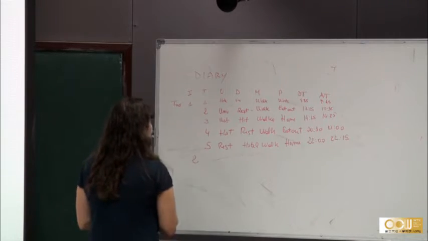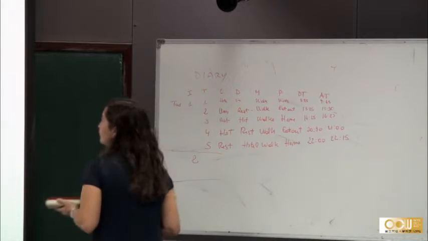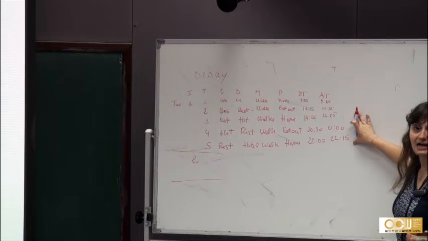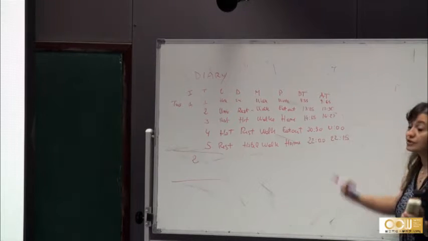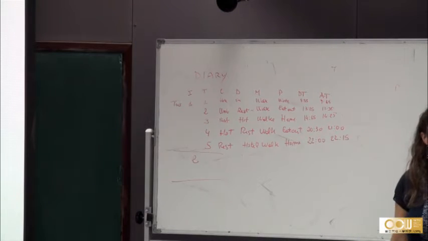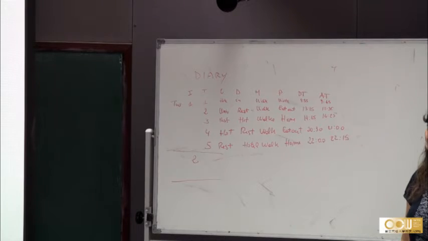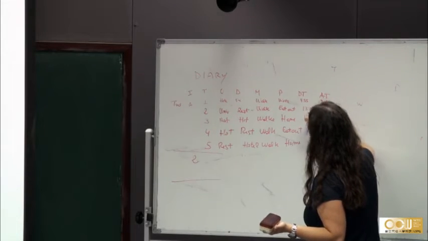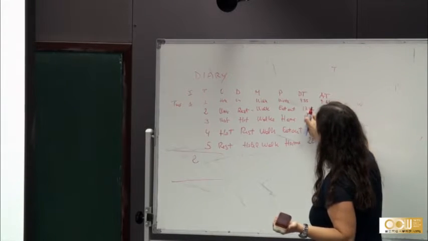All right, so the way I organized this was, first of all, you realize here that you don't just have information about trips and travel, but you also have information about activity, because you can calculate the duration of the activities, right? In particular, my work activity here is from 9:45 to 1:15.